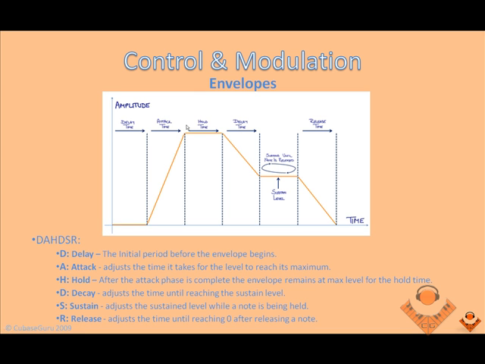And then after the attack phase, you have the hold time. Basically what that is, once the attack level's reached, the hold time will kick in and hold the note at that level until it reaches the end of the specified hold time, then the decay time will kick in.